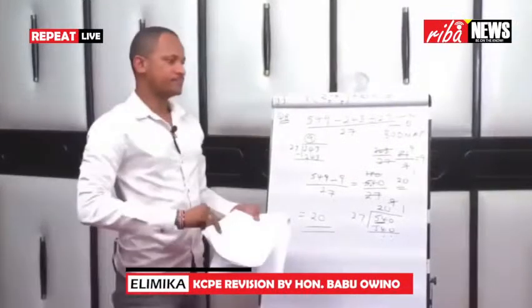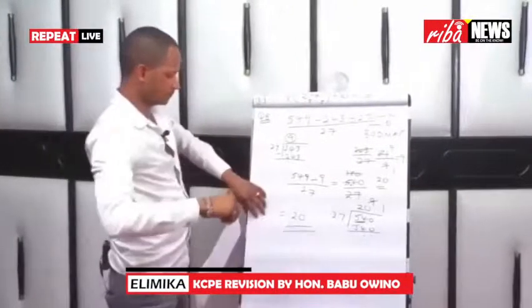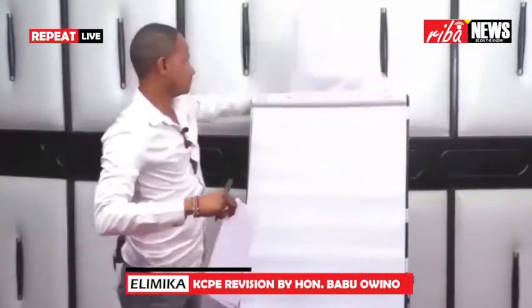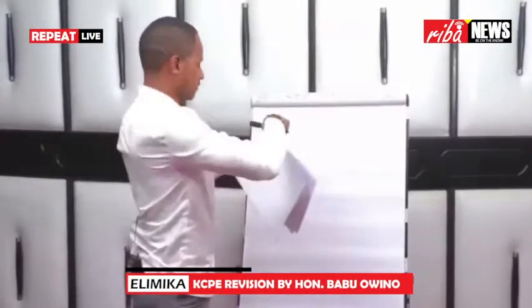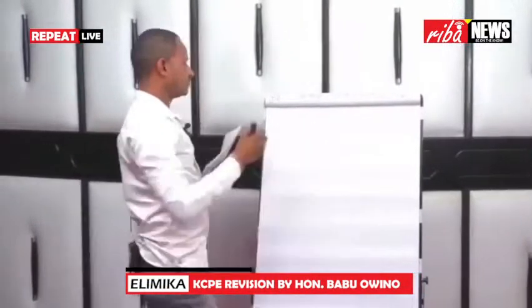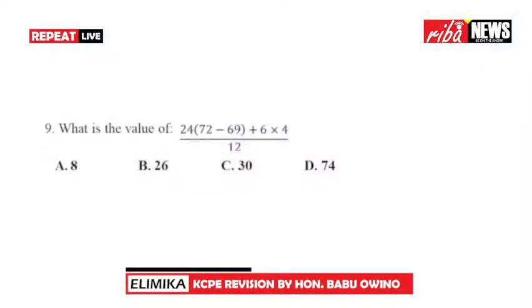Question 9. What is the value of 24 of 72 minus 69 plus 6 times 4 divided by 12?